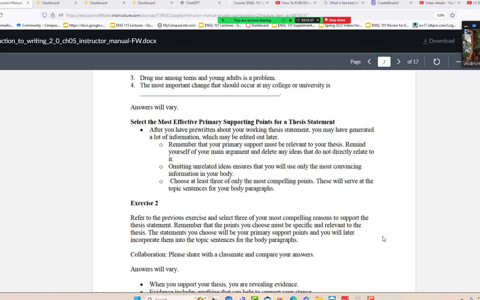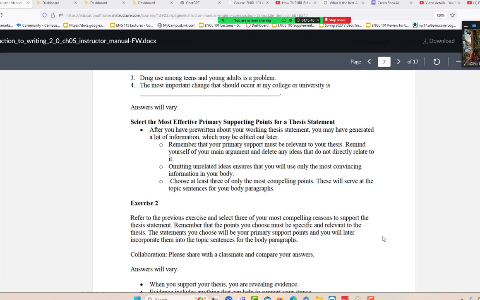So if I make a claim that gun control is necessary because of reason 1, reason 2, reason 3, then reason 1, reason 2, and reason 3 are the primary supporting points for my claim that gun control is necessary. And then paragraph 2 becomes reason 1, paragraph 3 becomes reason 2, paragraph 4 becomes reason 3.